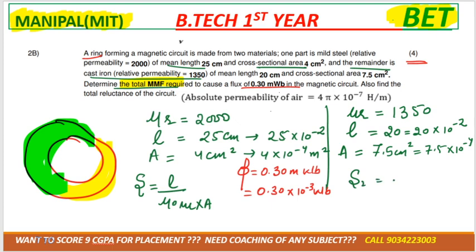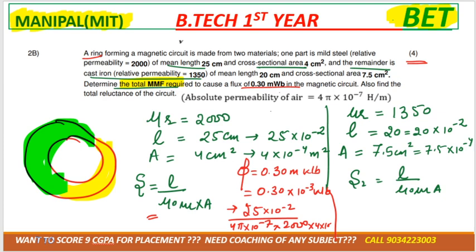For this one, S2, L divided by mu naught mu r into area. There is no air gap given, so no problem. So you just need to put in the values. 25 into 10 raised to power minus 2. Mu naught is 4 pi into 10 raised to power minus 7. Mu r is given as 2000. Area is given as 4 into 10 raised to power minus 4. Okay?